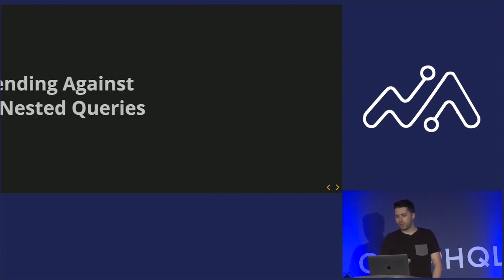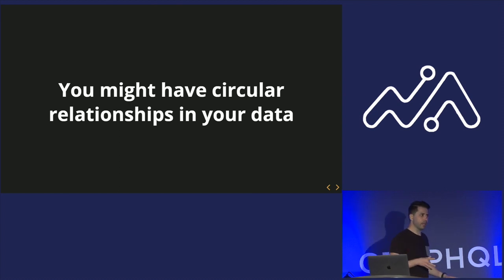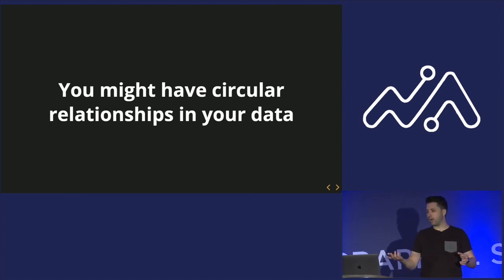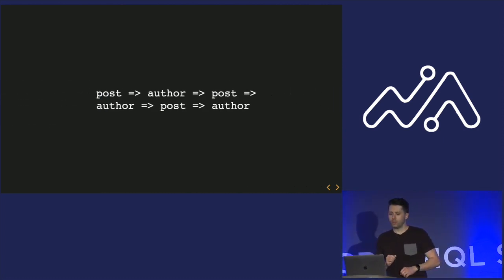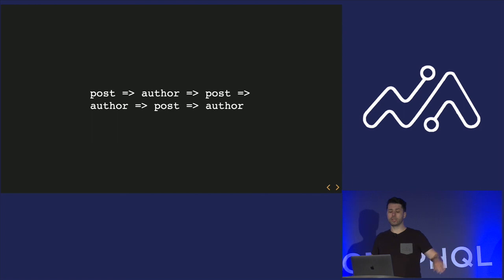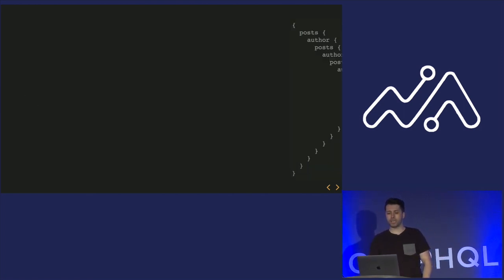And one of them is that they had data in their API that was self-referential with other things. So you might have, for example, a set of posts that have an author, and those authors have posts, and then those posts have authors, and it just goes deeply nested like that.